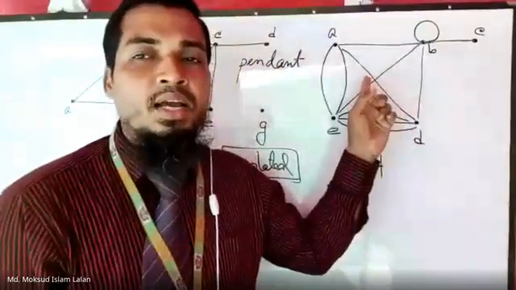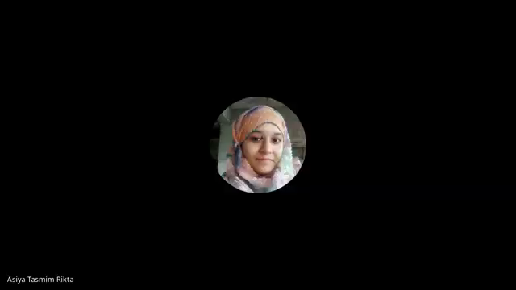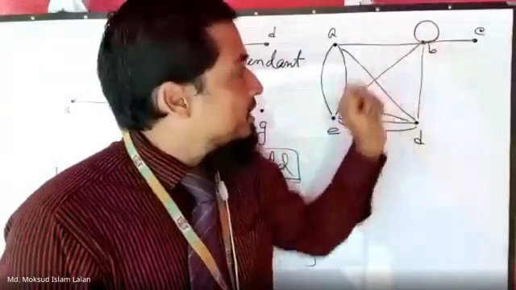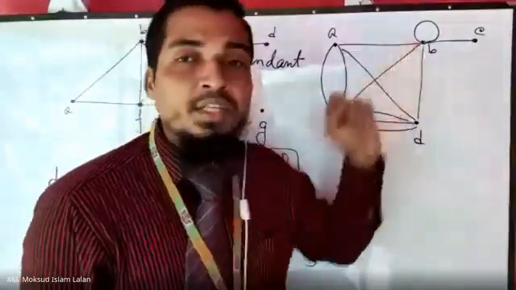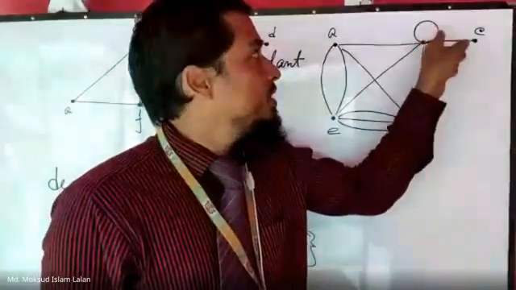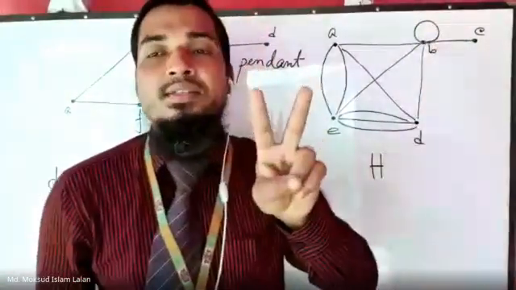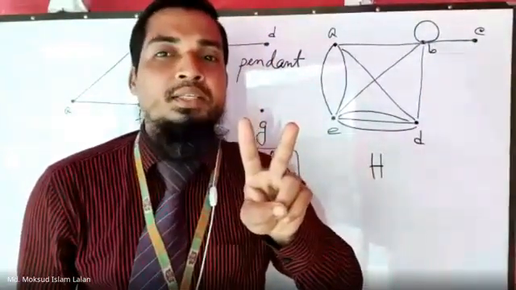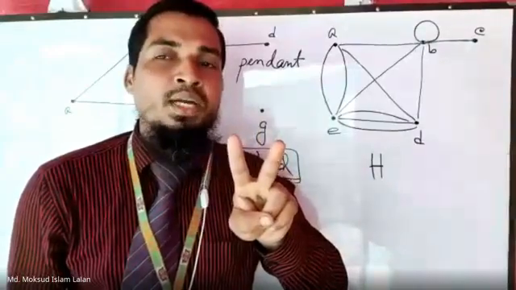Is it directed or undirected? Undirected. So for an undirected graph, if there is a loop, then this edge you are considering as a twice edge. Do you understand?